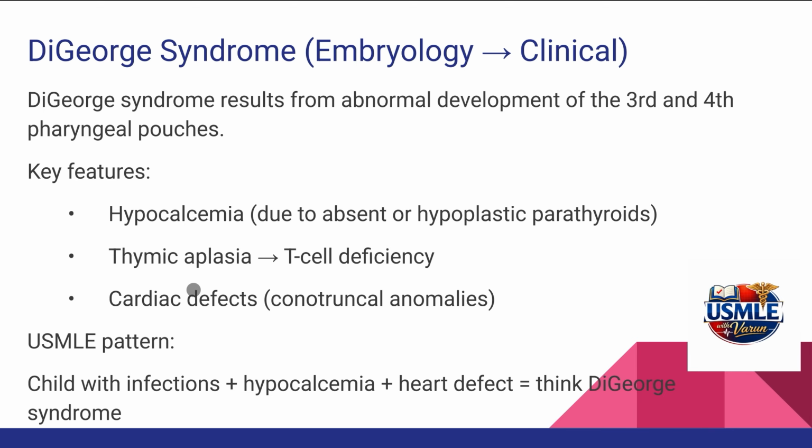So infections plus hypocalcemia plus heart defects, you should think of DiGeorge syndrome. So the key features include hypocalcemia due to absent parathyroids, thymic aplasia presenting as T cell deficiency, and cardiac defects might be a presenting feature.